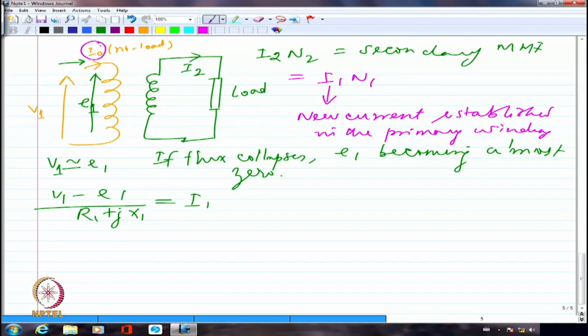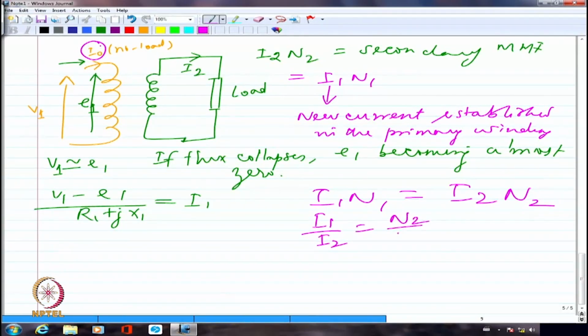I am not saying that it has gone away, but this I0 is minuscule compared to the new value of I1. So as an engineering approximation, I can neglect I0. Just forget about I0, and I would say that I1 N1 should be equal to I2 N2. So I can say I1 by I2 equals N2 by N1.